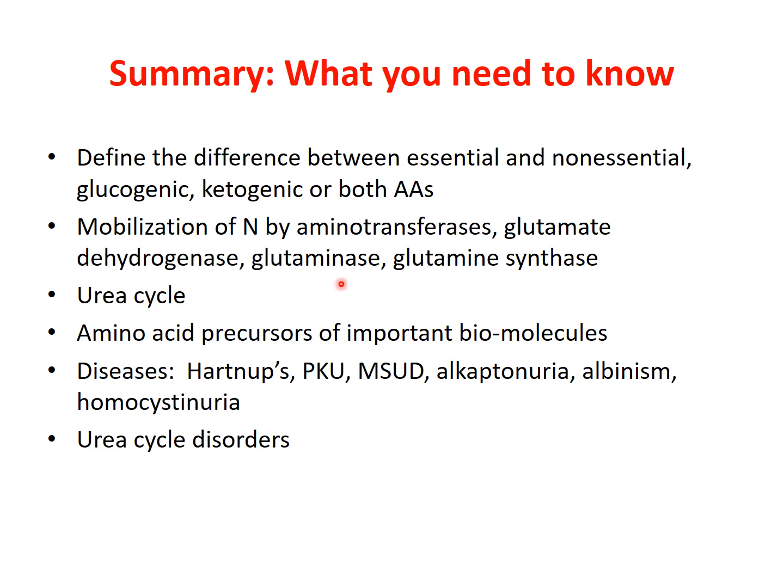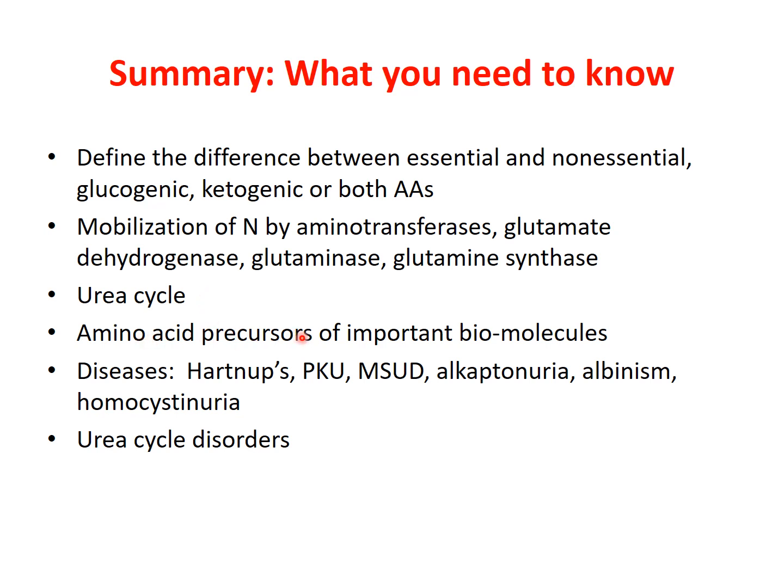You need to remember how we mobilize the nitrogen, the amino group, from amino acids. We talked about aminotransferases, glutamate dehydrogenase, glutaminase, and glutamine synthase. We talked about in detail the urea cycle that will finally detoxify ammonia. Please know the details of that.